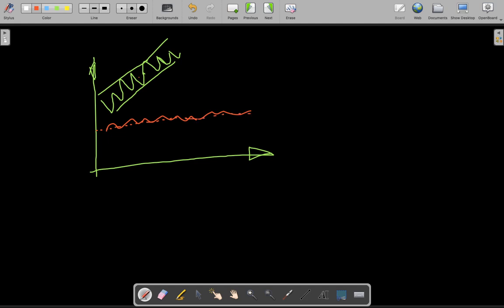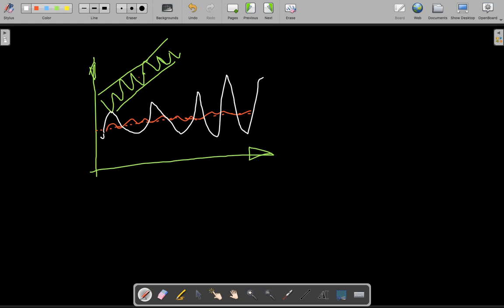So this is what is called mean stationary. I can also have a series which will look like this. This is definitely not a constant variance time series, but it is mean stationary. So it is constant around the mean.